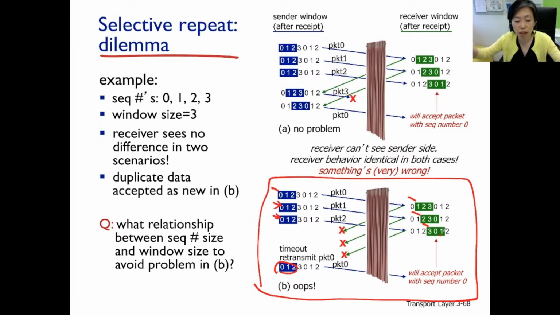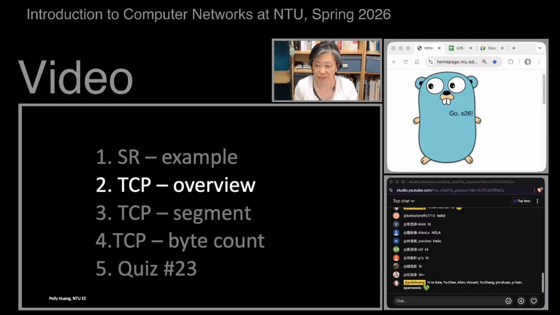All right, so you will never have the trouble of confusing an old packet from a new packet. And that is why the sequence number space here needs to be larger or equal to 2 times the window size. All right, so that's the trick. Okay, and that's the scenario illustrating why 2 times window size is necessary.